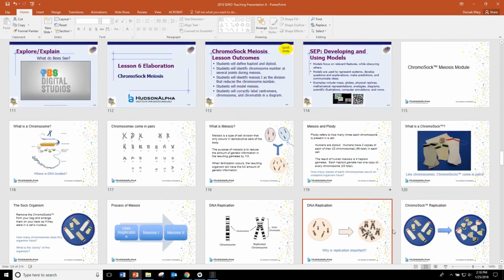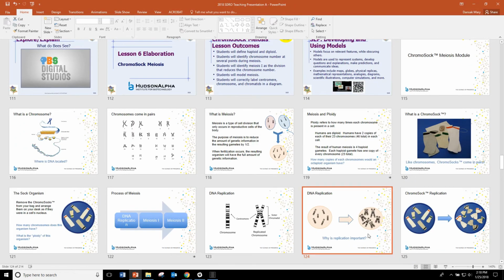Here's a nice picture of how your socks model replicated DNA. When students get to this point in their modeling, they'll need that second bag of socks. Now you can have them hide one sock under another and then slowly spread it out to form sort of a little X shape, or you can just keep them bundled, stacked up on each other.